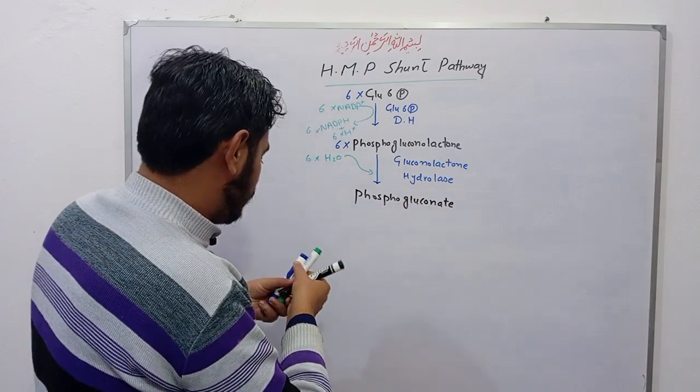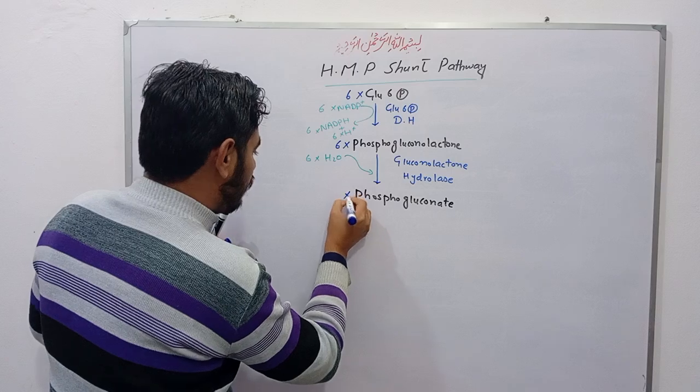Okay, and there are also 6 molecules of phosphogluconate.